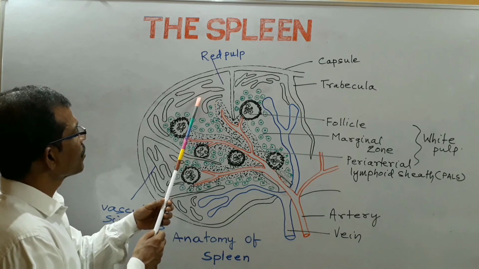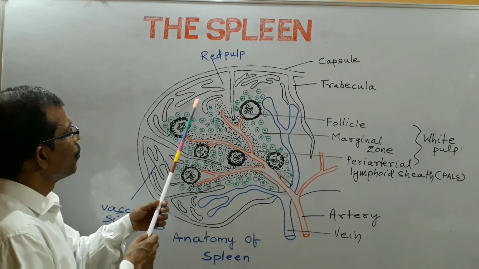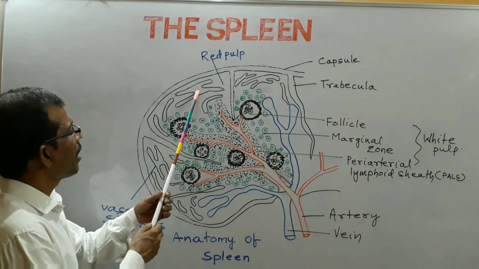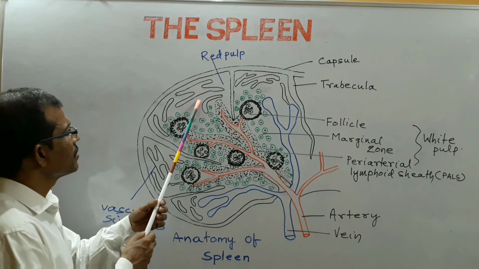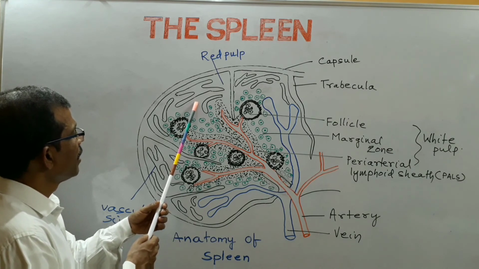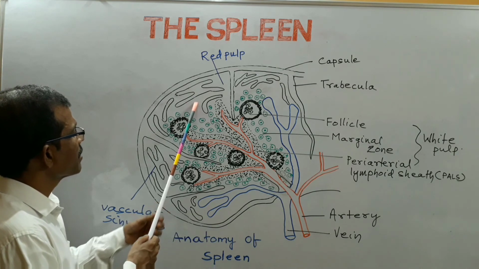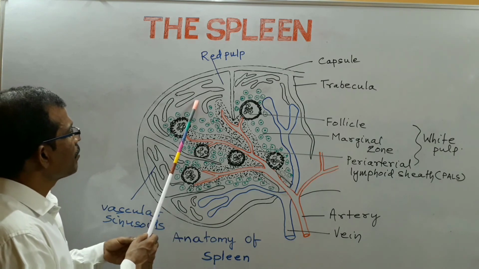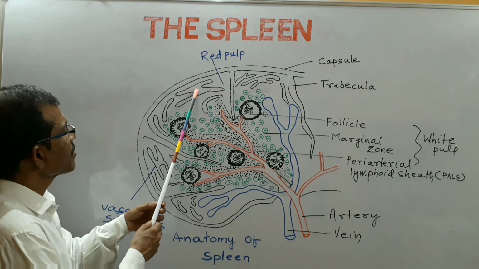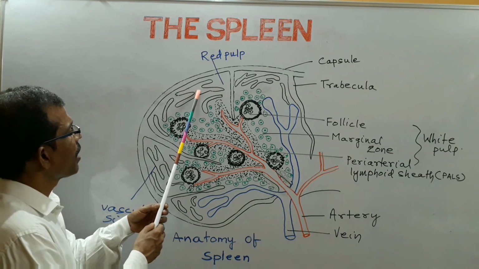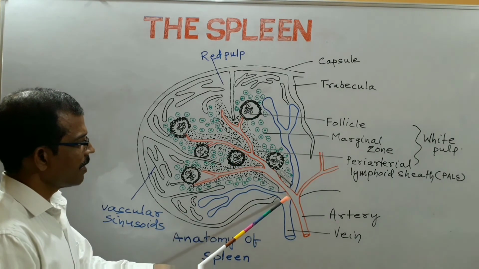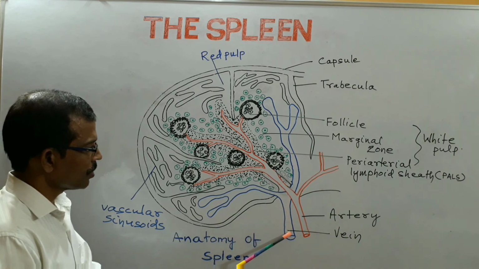Due to the lack of junctions between the endothelial cells, only normal and healthy erythrocytes are able to enter the vascular sinusoids, whereas malformed and old damaged erythrocytes as well as antigens like microorganisms and cellular debris are destroyed by the macrophages present in the splenic cord. From the vascular sinusoids, blood flows into the trabecular vein, and from the trabecular vein, blood ultimately exits the spleen through the splenic vein.